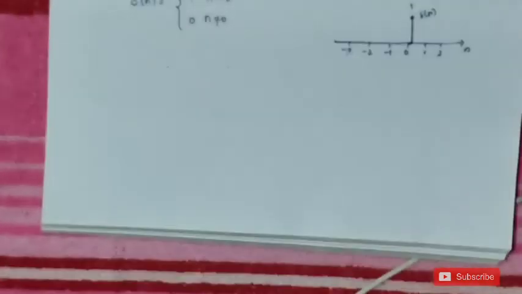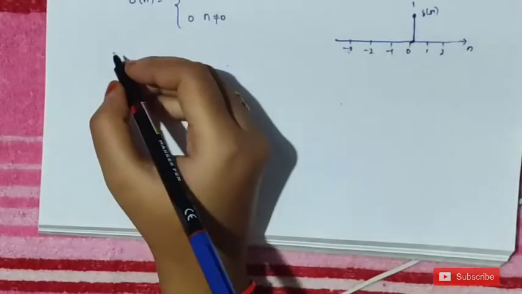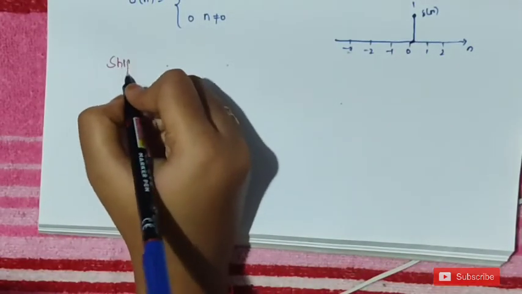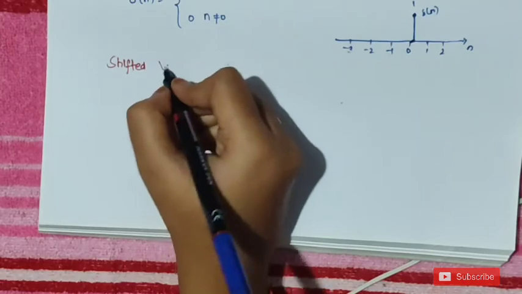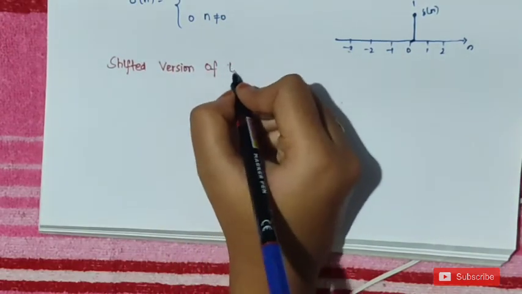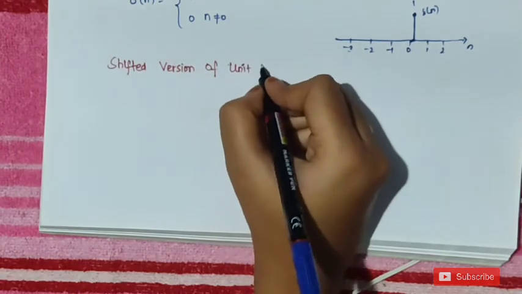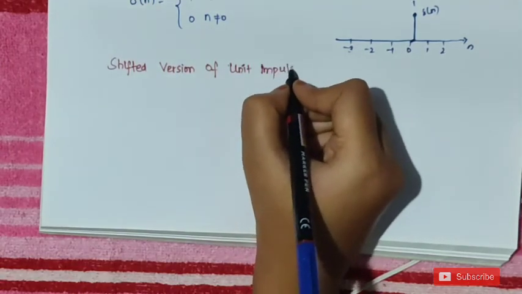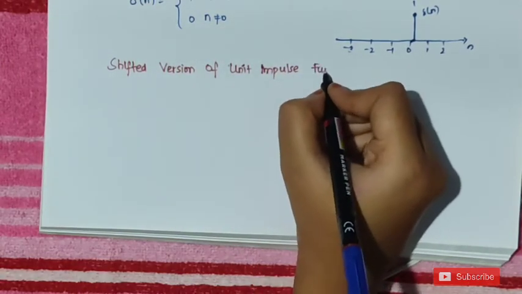Let us see the signal. This is delta of n. Next, let us see the shifted version of the unit impulse function.